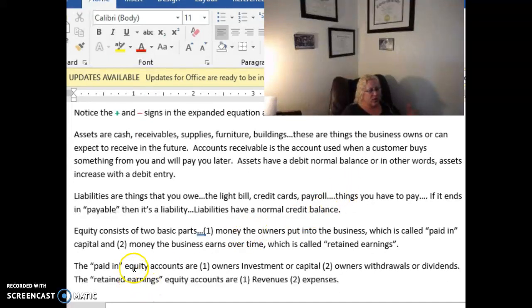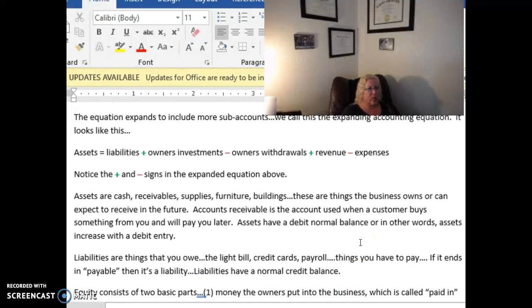Actually I think I said that wrong, I want to correct myself. The paid-in equity accounts are the owner's investment or capital and the owner's withdrawal or dividends. So up here, owner's investment and owner's withdrawal, that is your paid-in equity. And then the revenue and expenses, that is your retained earnings.